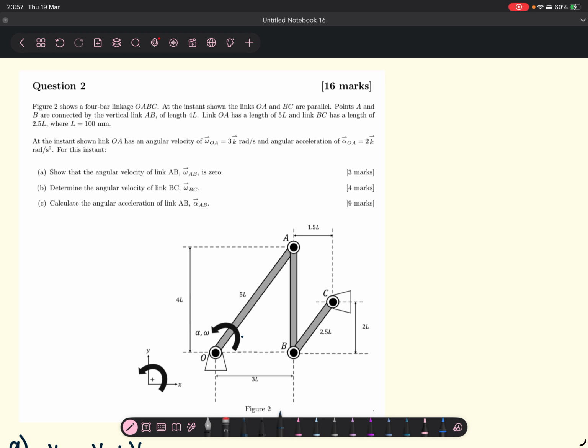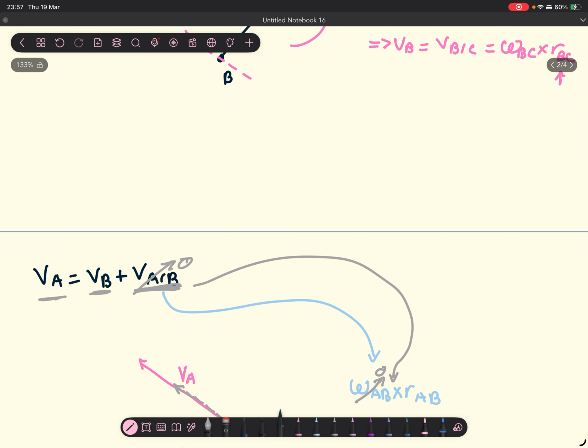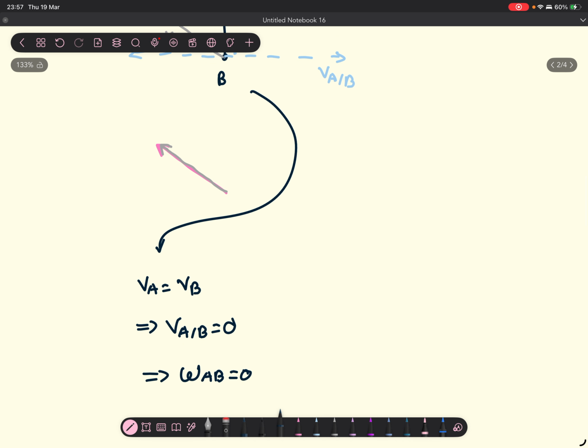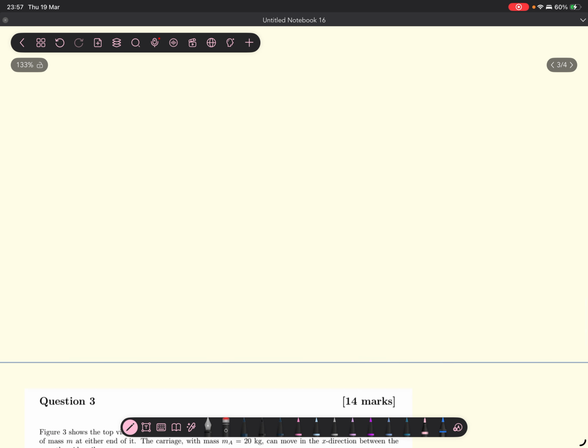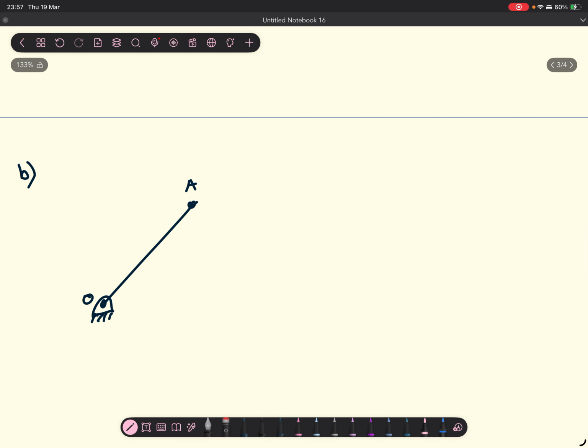We know the angular velocity, so then we can calculate the velocity of A. And we've just proved that the velocity of A is equal to the velocity of B. So if we know the velocity of A, we know the velocity of B. If we know the velocity of B, we can relate that to C to get the angular velocity of BC. So that's basically the method we're going to try and apply.